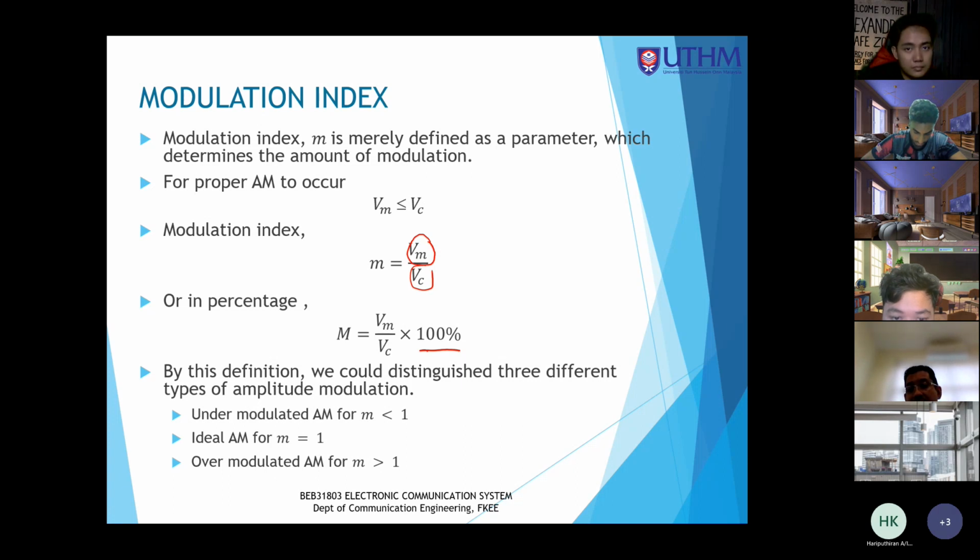Okay, VM over VC. And VM is the peak amplitude, VC is also a peak amplitude.